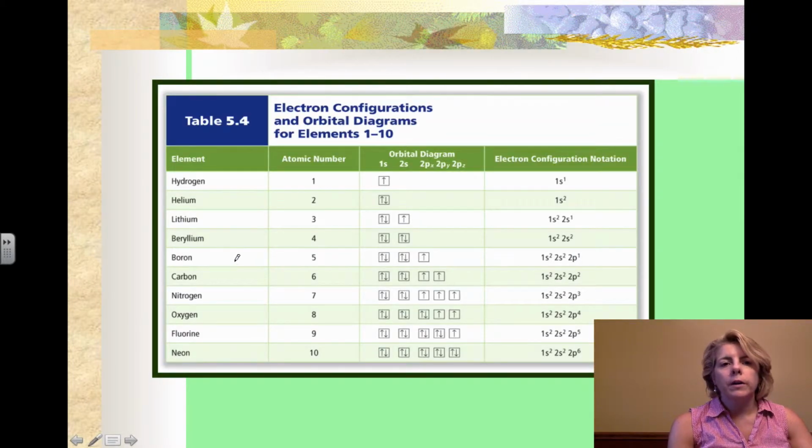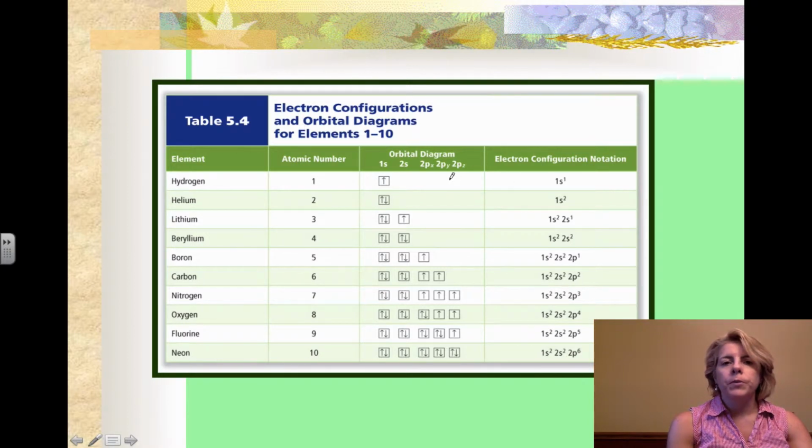Okay, so here are electron configurations of hydrogen through neon. And here we have the orbital diagram, and then we have the electron configuration notation. I'm more concerned about this last part of the table. So just pay attention to the notations for the electron configuration, and we'll practice this at the end of the video.